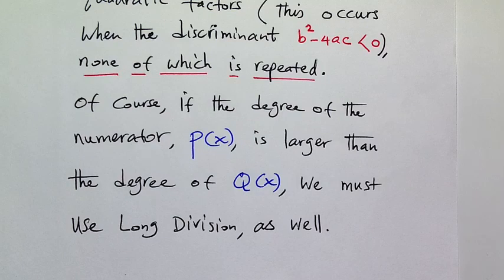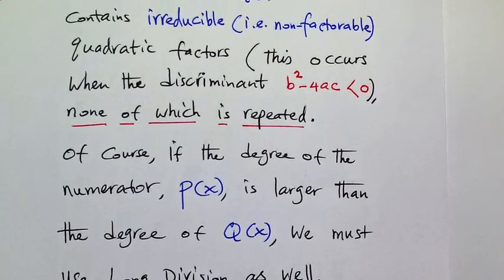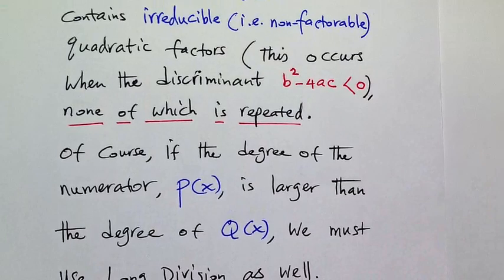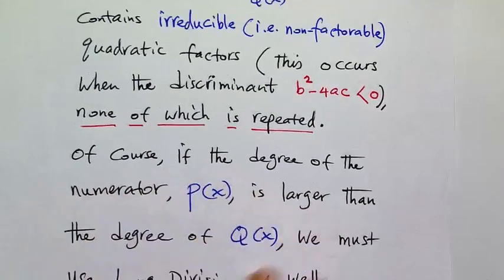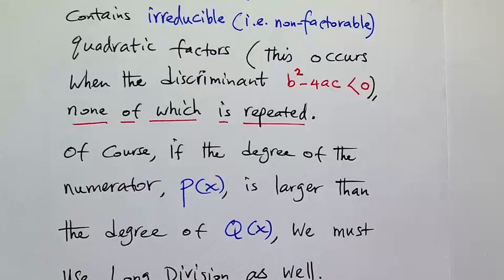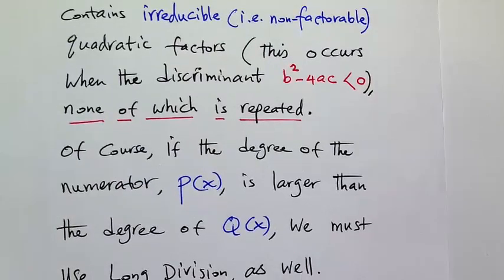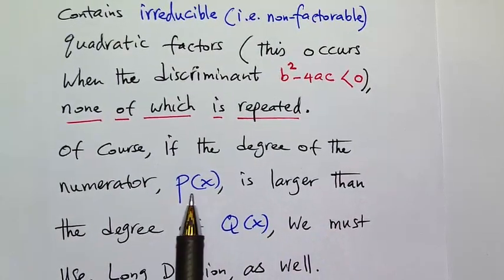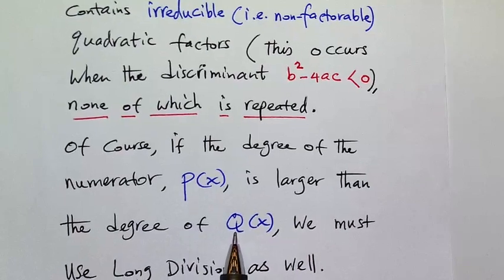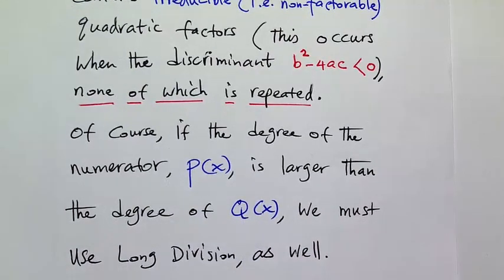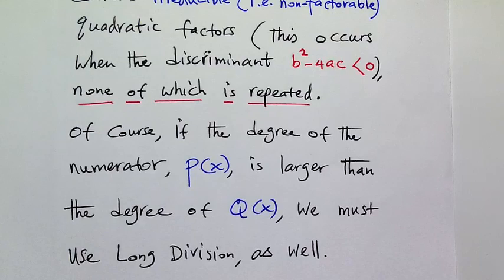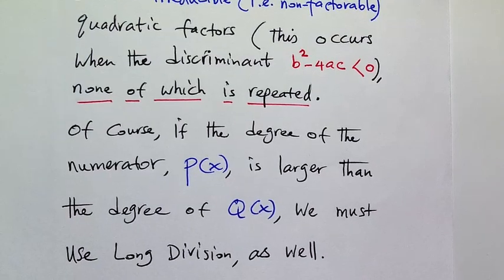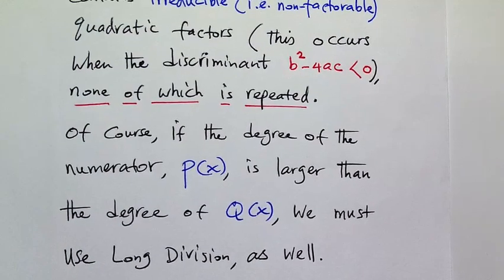If the numerator degree is higher, you have to use long division before you can apply partial fractions. Okay? So let's see an example of this kind, in case 3.